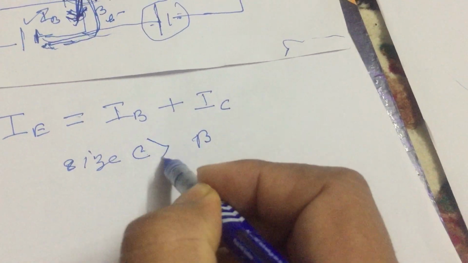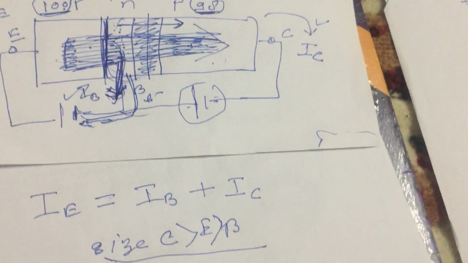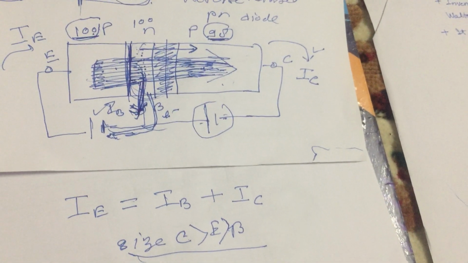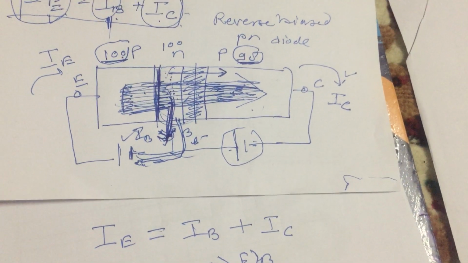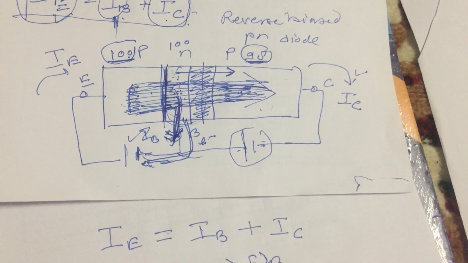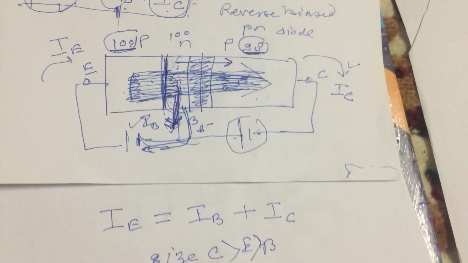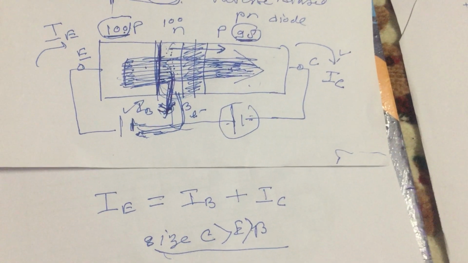So maximum size is the collector, then the emitter, and then the base. Because to reduce the base current we have the least size of base, so that maximum power can easily be handled by the collector. We put the size of the collector as maximum, and the emitter is in between.